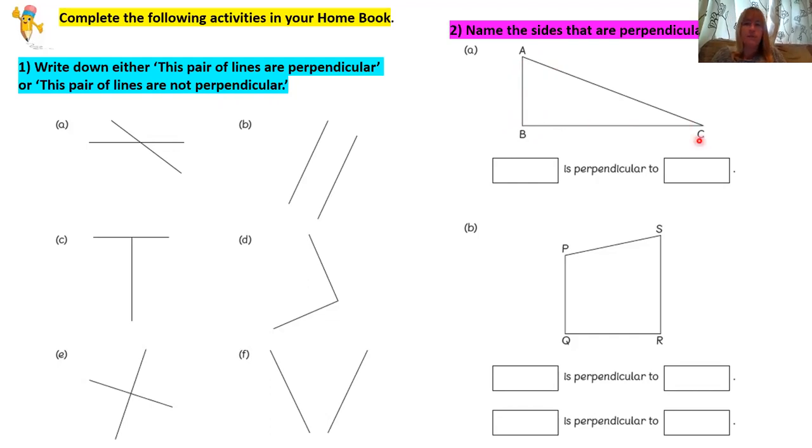Or is BC perpendicular to AC? Where's the right angle in that shape? Okay, it is tricky. You might want to talk it through with a grown-up, but have a go. And there's a clue with B that we know there are 2 perpendicular sets of lines. You can tell that because it's got the answer written twice. We know we're looking for 2 right angles.